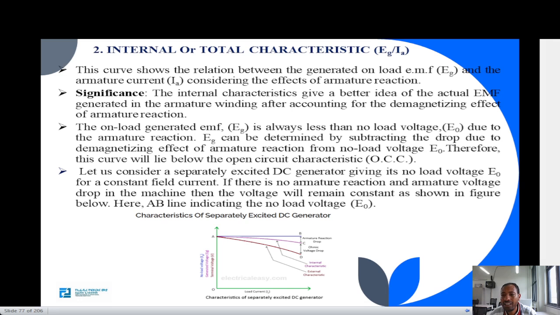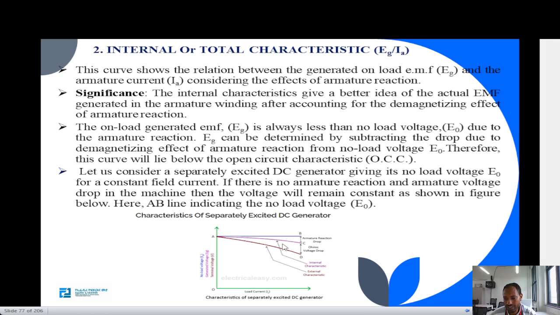Why? Because here it is mentioned that the internal generated voltage during loading is determined by subtracting the voltage drop due to the demagnetization effect of the armature reaction from the no load voltage. Therefore, this curve definitely lies below the open circuit characteristics curve.